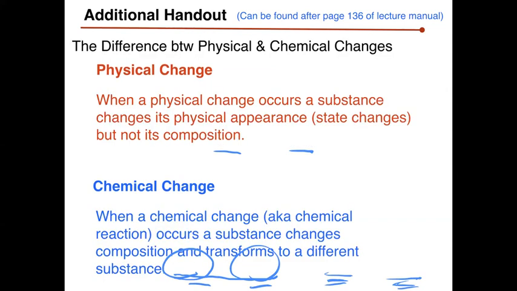To summarize, physical change doesn't involve the composition changing, it only involves the appearance changing, right? But chemical change is associated with the composition change, and it's going to transform into a different substance.